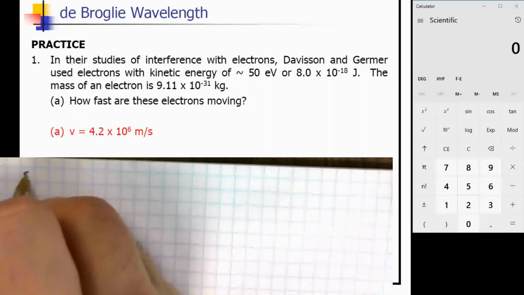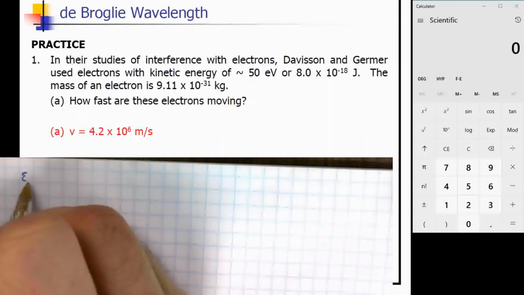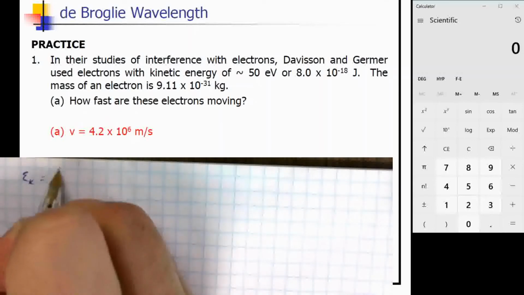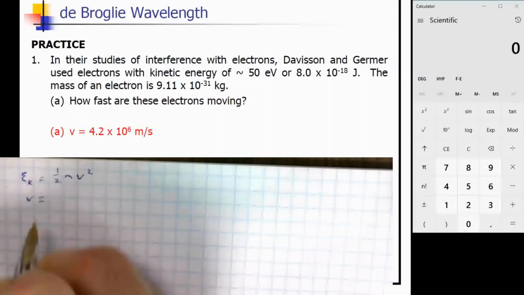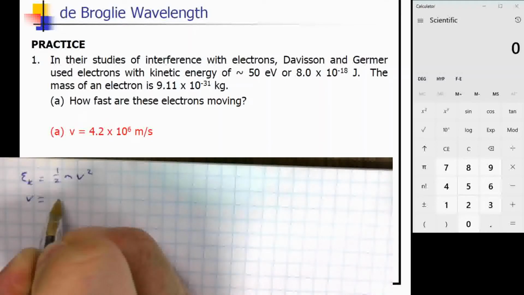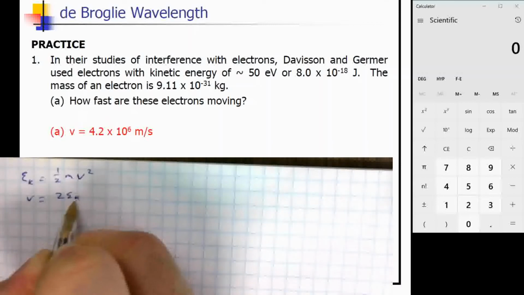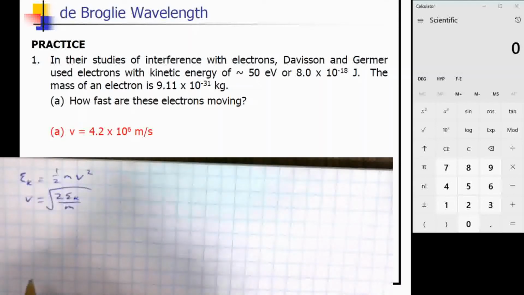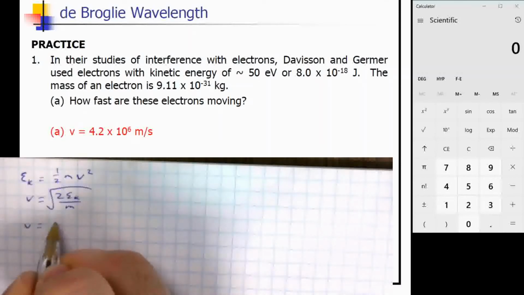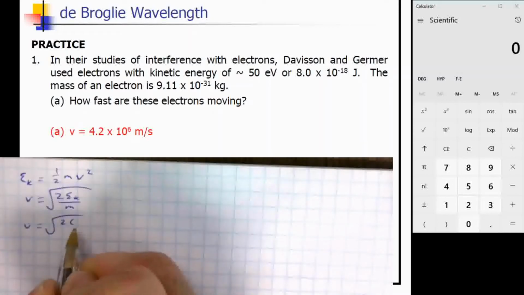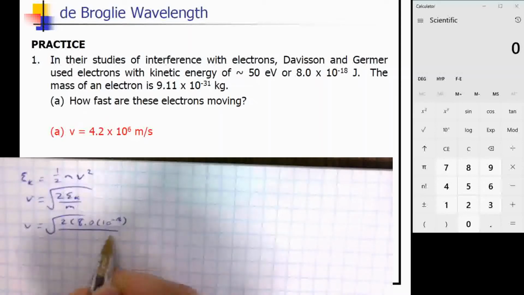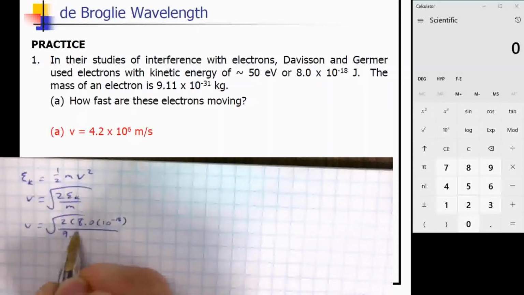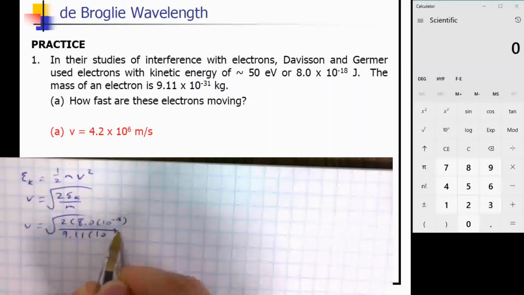So we'll have to use the kinetic energy, which is 1/2 mv squared. Rearranging this for v, we end up getting the square root of 2 E_k over m. So the square root of 2, and this will be written in joules, so 8.0 times 10 to the negative 18, and my mass, of course, is 9.11 times 10 to the negative 31.